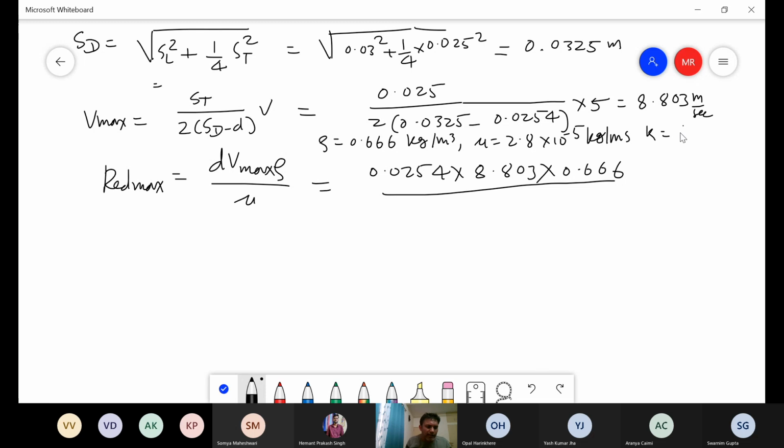Thermal conductivity is given as 0.042 watt per meter degree Celsius, and Prandtl number is given as 0.683. So we can put all these values in this equation. Please calculate the Reynolds number.